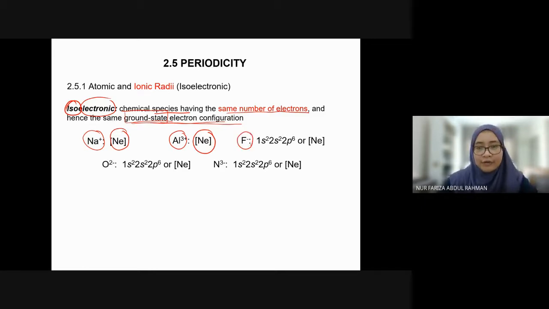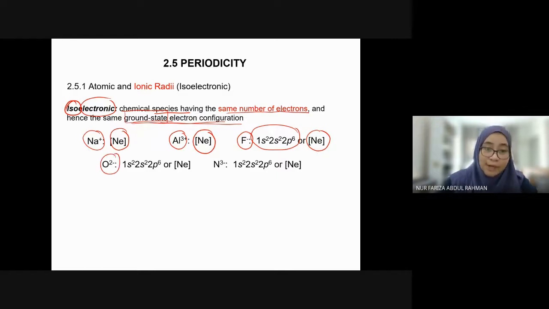This is an ion, right? So 1 electron has been added into the fluorine atom becoming F-. The fluorine atom is 2p5, but when it becomes an ion, it becomes 2p6. So this ion now has the same electronic configuration as neon.